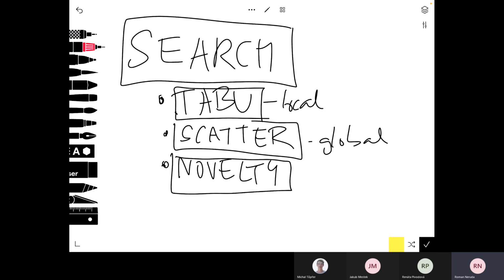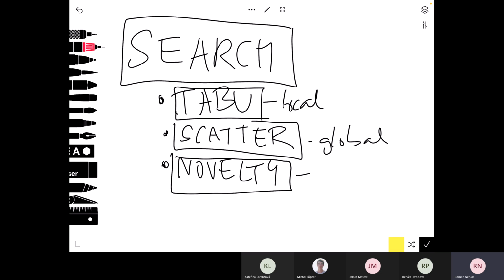And the idea is that the diversity of the population and new individuals that differ very much from the previous ones are the important thing.